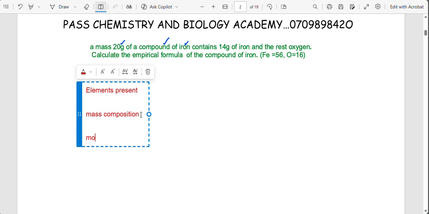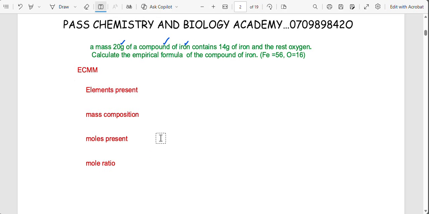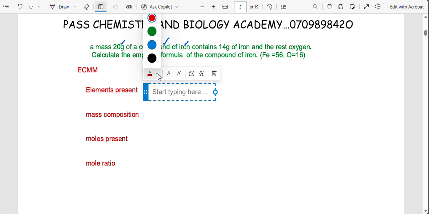But now, since here we know the composition, we shall say mass composition. If it is a percentage, you say percentage composition. Here it is still in masses. Okay, so it is mass composition. Then from there, the first M stands for moles present. The second M stands for mole ratio. That is done.